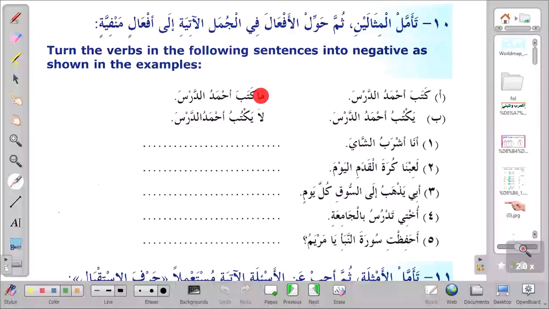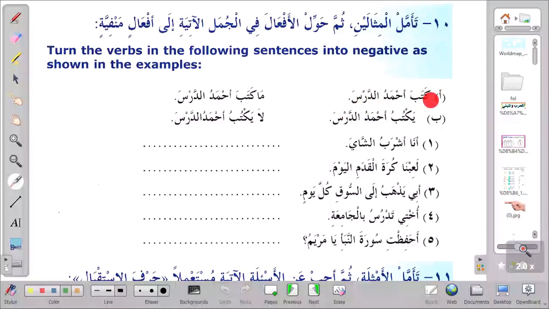Now here, the second example is saying yaktubu Ahmad ad-darsa. Ahmad is writing, bima'na fi'l mudari, right? It is occurring at the moment. So yaktubu Ahmad ad-darsa. Ahmad is writing the lesson. Now if you want to say Ahmad is not writing the lesson, then here is where you use the la. Now if you observe these 2 examples, they have a little bit of difference between them.